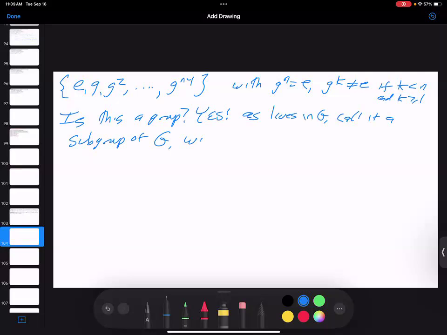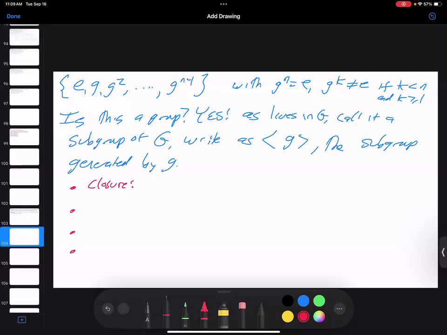And we write it as brackets G, the subgroup generated by G. So you have to show 4 things. So closure: if I give you G to the K1, G to the K2, does that equal G to the K3 with 0 less than or equal to K3 less than N?